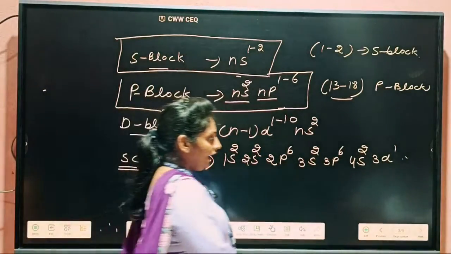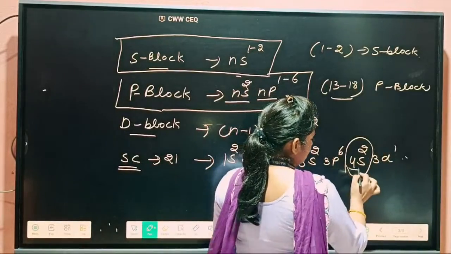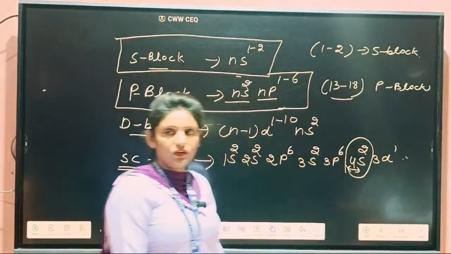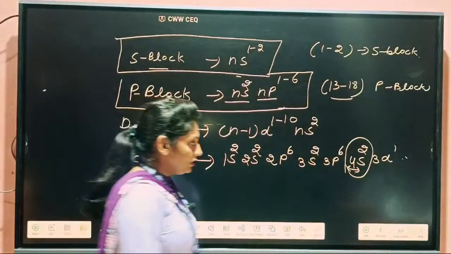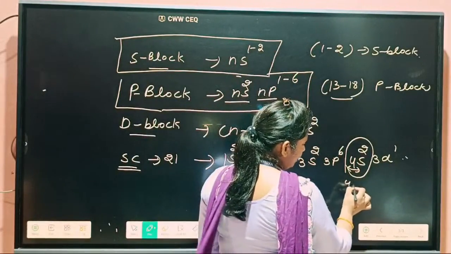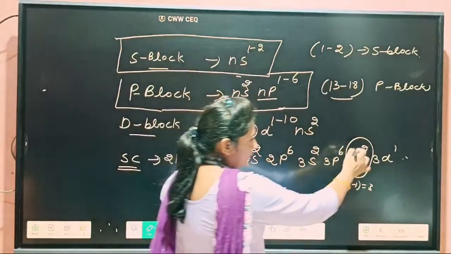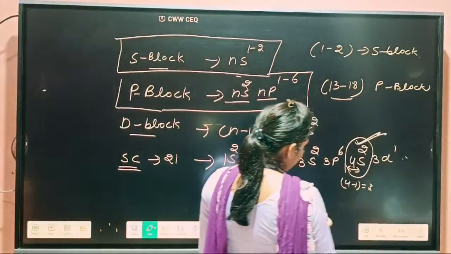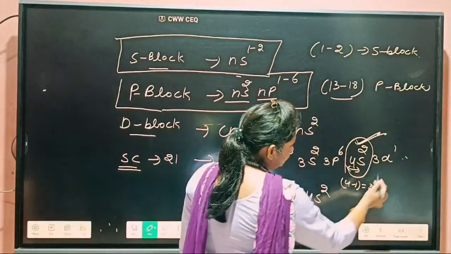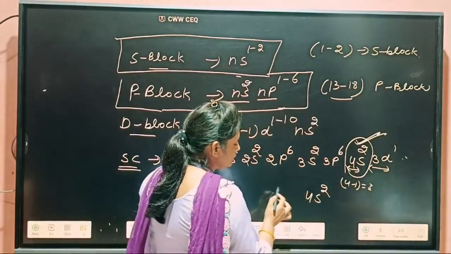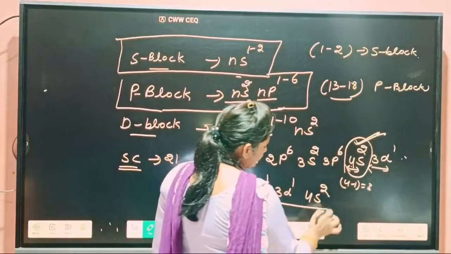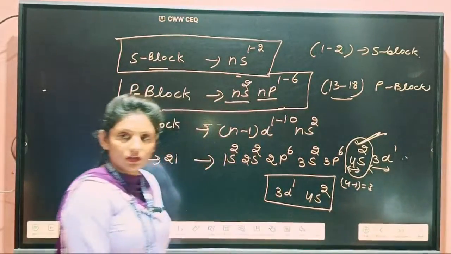Students, here n is this bigger number. This one is n here. So n minus 1 means 4 minus 1 will be 3. So here this is n, so 4s2. And in d, this is n minus 1, meaning 3d. Clear or not?